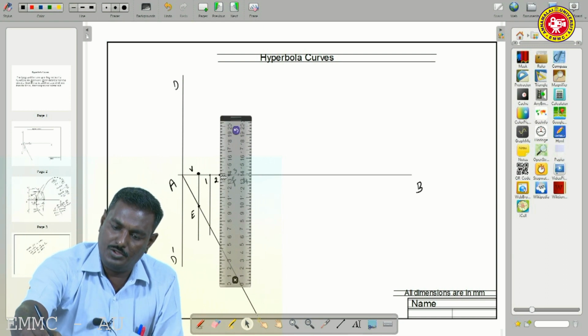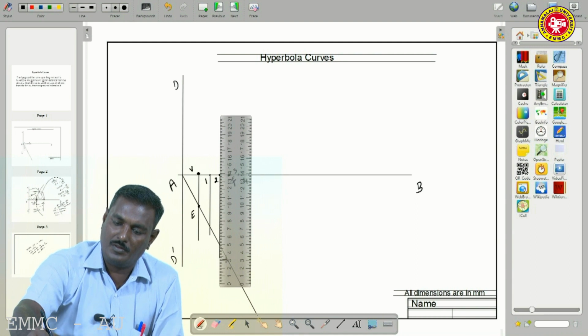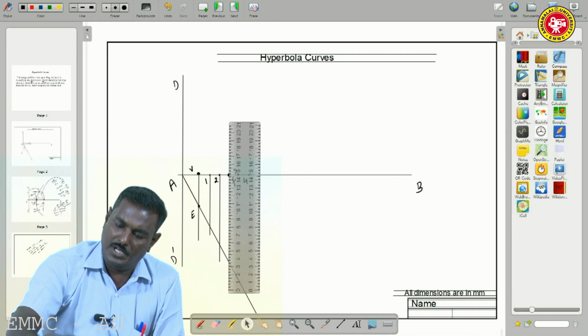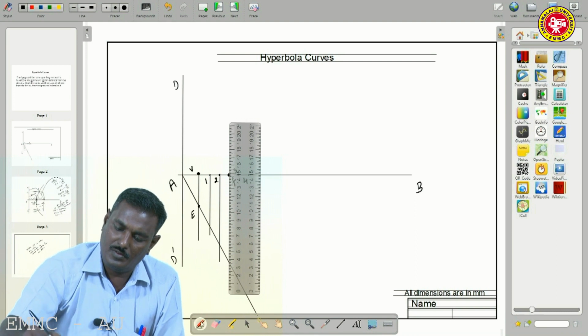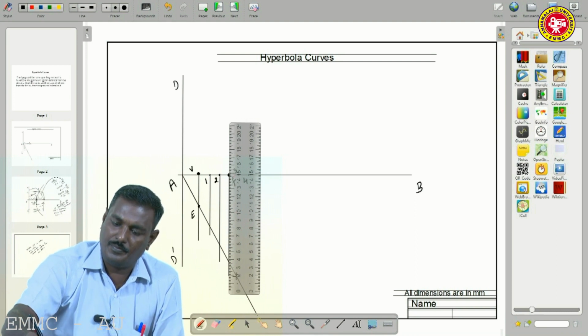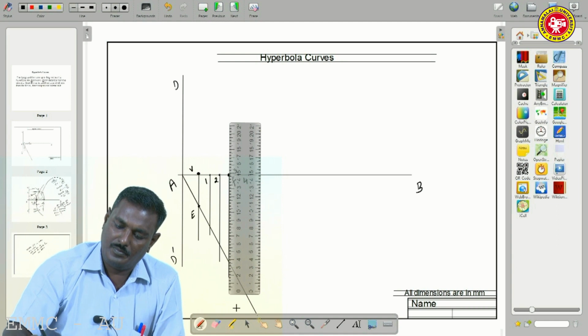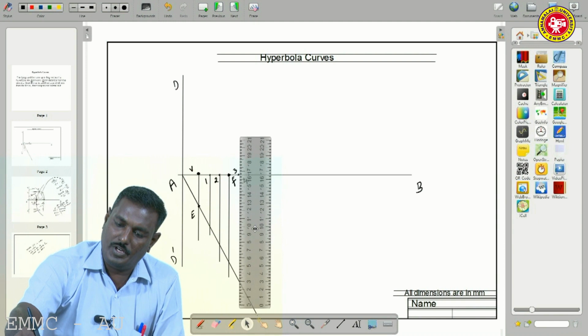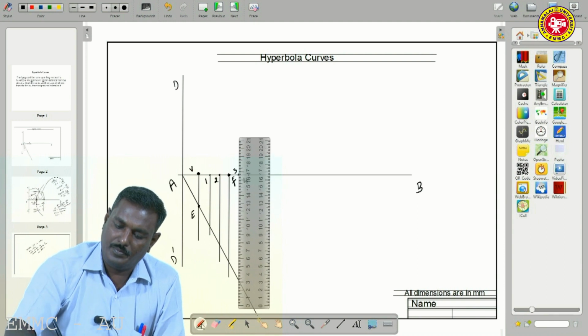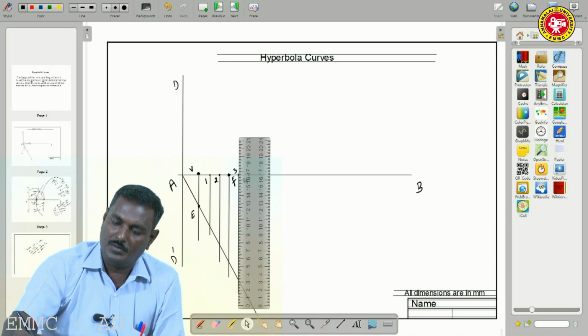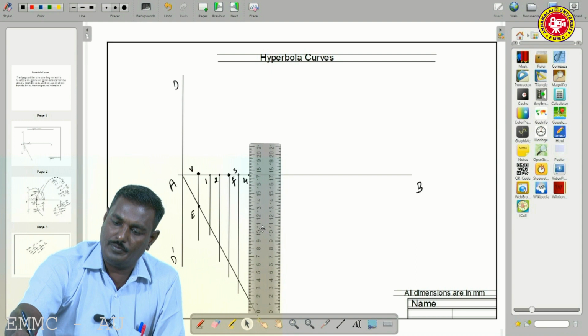Then from point 2, then from F, also consider F. Then point 3, then point 4.